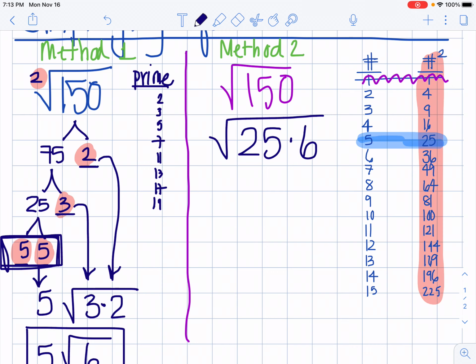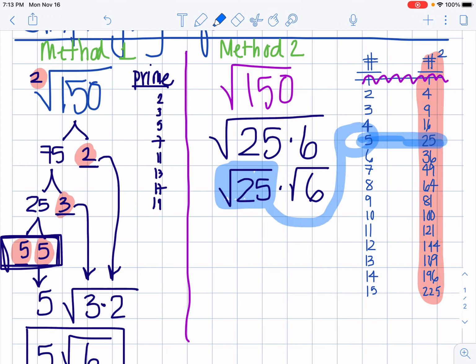The rule of square roots says that I can split this up into two separate square roots. This can now be the square root of 25 times the square root of 6. But we figured out that the square root of 25 is 5, so I can simplify this. This becomes 5 times the square root of 6. And that's my final answer.